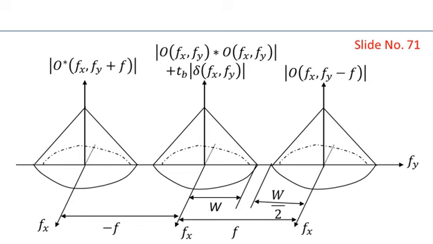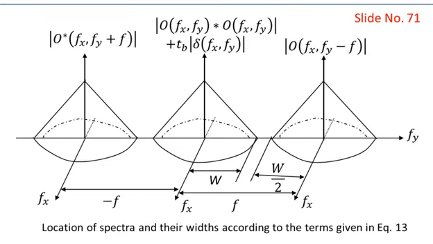So these have been shown on the side terms, because we have shown this plot with fy on the horizontal axis. So the absolute value of capital O will be located at fy is equal to plus f, and the other term, the absolute value of O star, will be located at fy is equal to minus f.